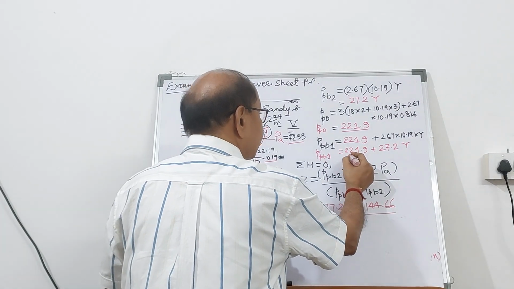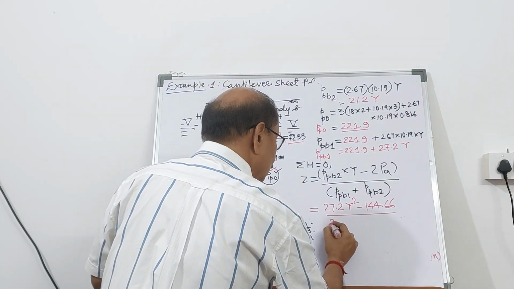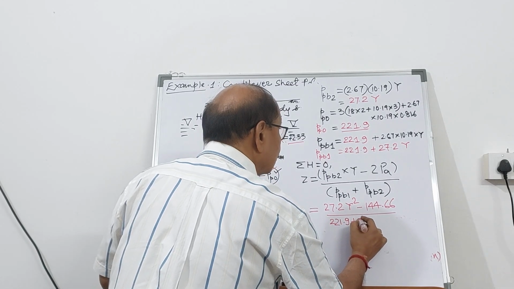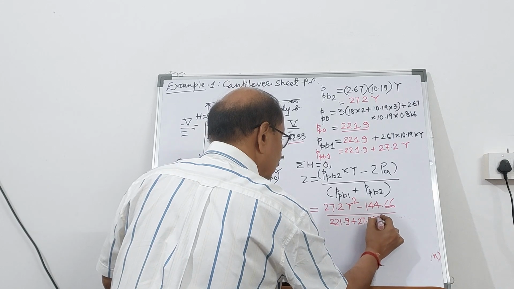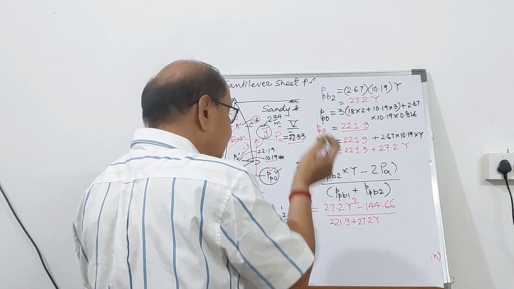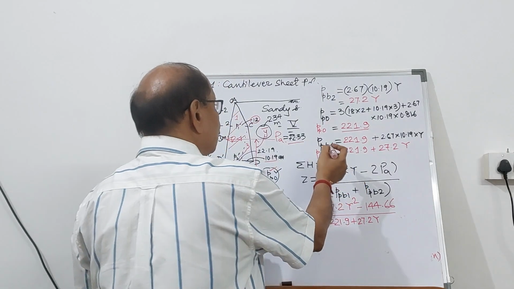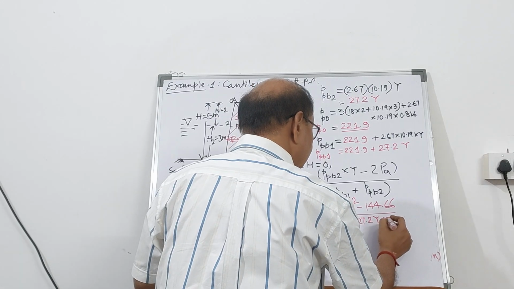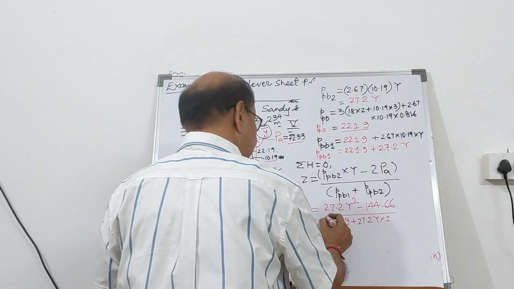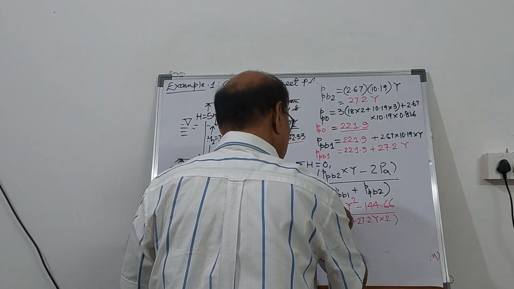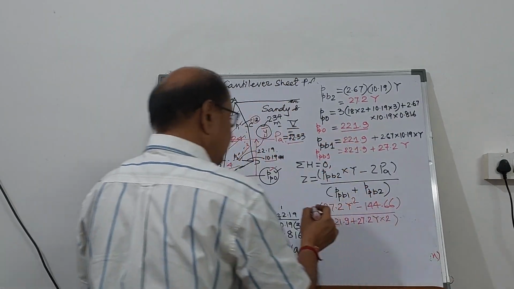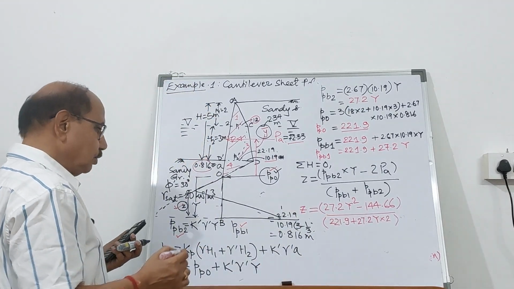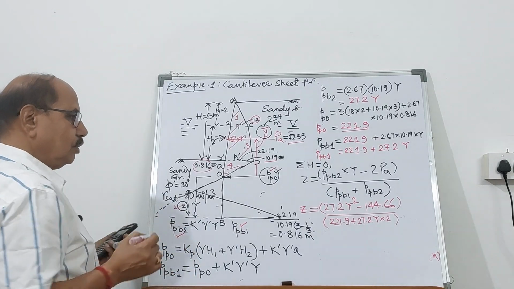Now PPB1 you have already calculated as 221.9 plus 27.2 times y plus PPB2. So it becomes 2 times. This is the value of Z. So you have been in a position to calculate this value.